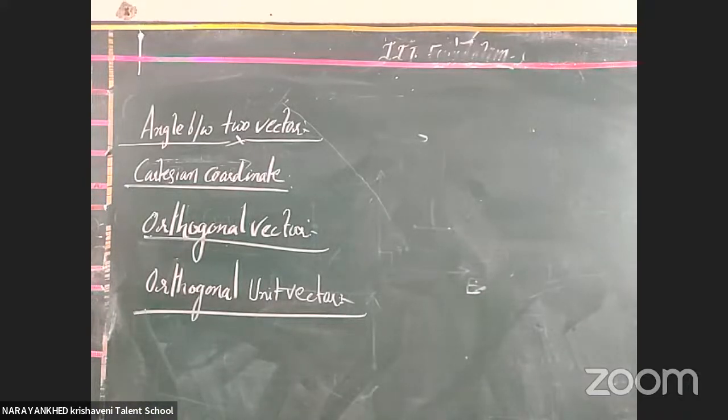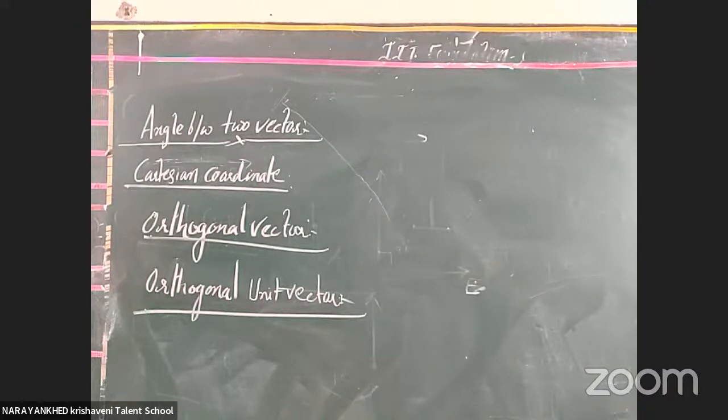Orthogonal vectors are nothing but vectors at 90 degrees. Orthogonal unit vectors are nothing but the unit vectors along the x-axis, y-axis and z-axis, denoted by i, j, and k. Whatever the cap or crown there is, that represents a unit vector.